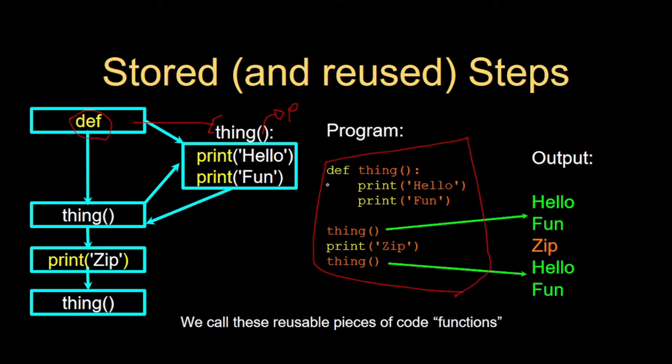Let us see. The def keyword is followed by the function name, thing, then open and close parentheses, and finally the colon. Inside the parentheses, you can pass a parameter or simply leave it without a parameter.